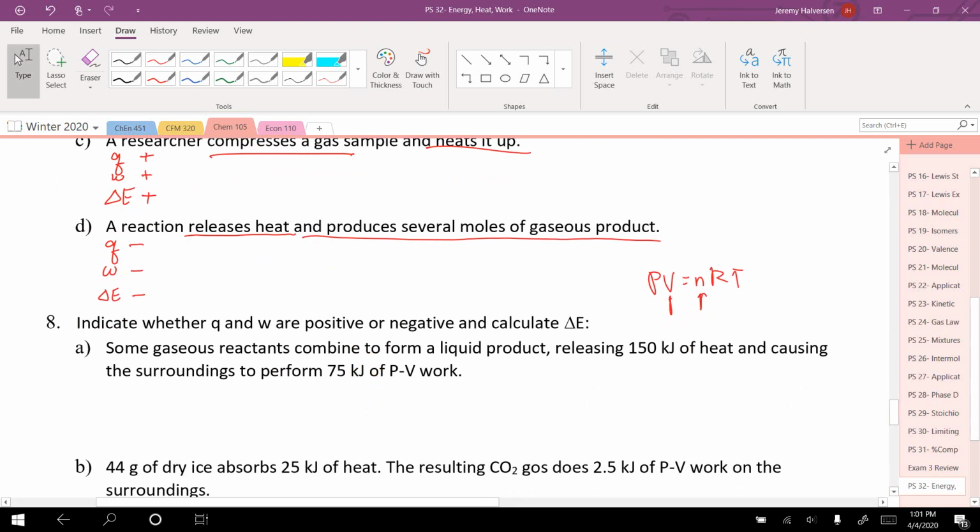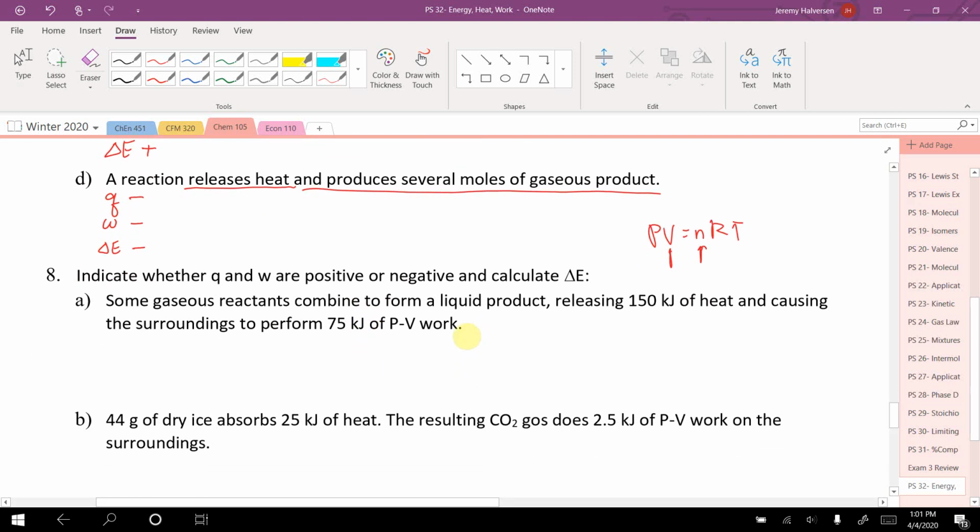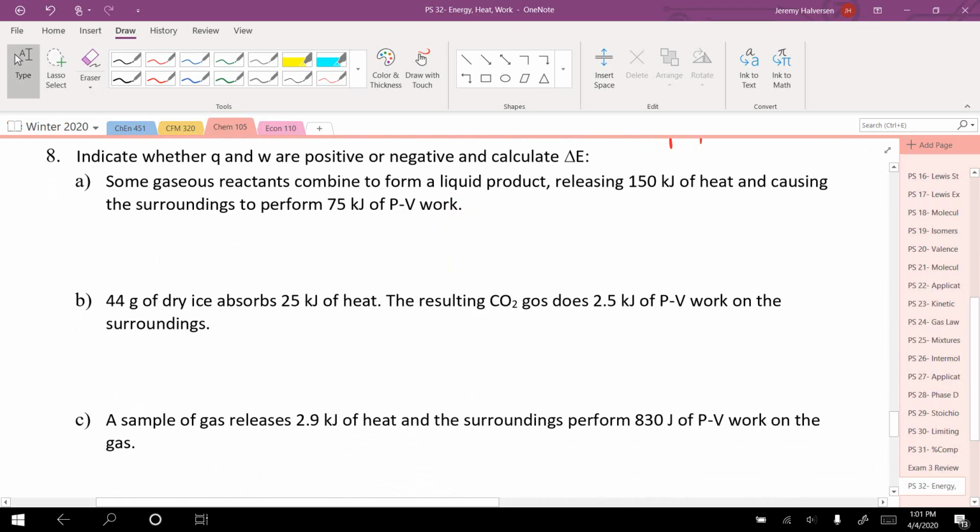Okay, and now we're going to do a similar thing, but with numbers. Indicate whether Q and W are positive or negative and calculate delta E. So we're just going to do the same thing, Q, W, delta E, but with actual numbers here.